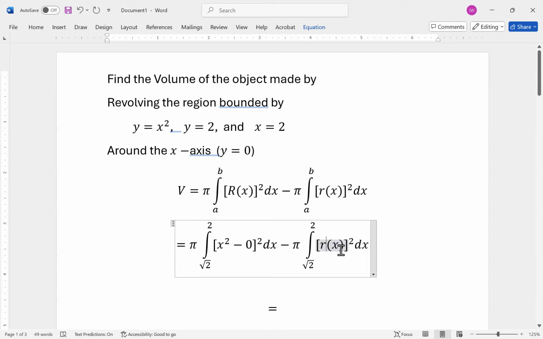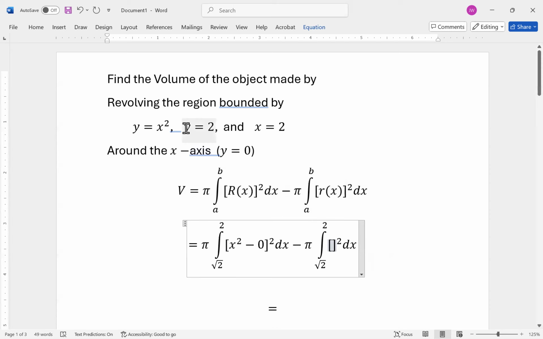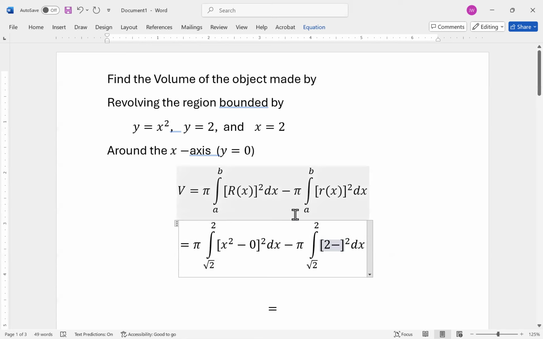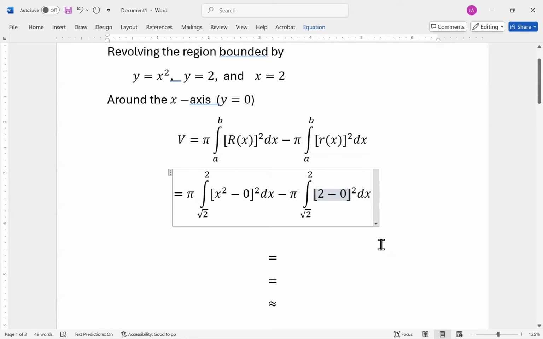And with the inside portions, the inside is going to go from y equals 2, as we saw, down to the line I'm rotating around, which is y equals 0. So we're going to end up with this.